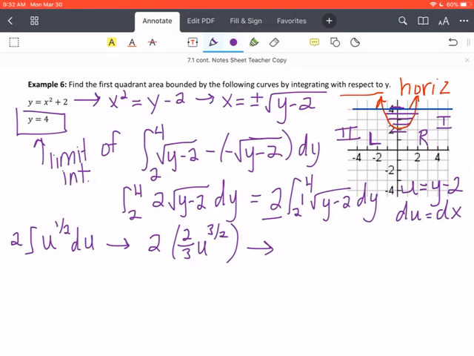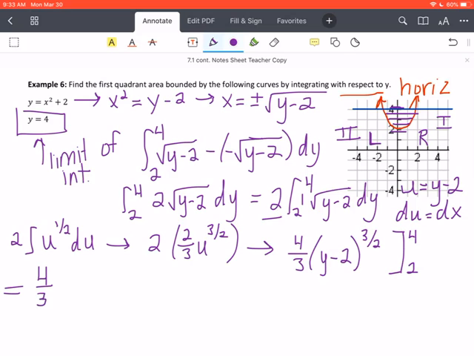So I'm really considering 4/3. Now I'm going to input my u, y minus 2 to the 3/2, and I'm integrating. Now I can put those limits back in from 2 to 4. Now when we plug in, I'm going to skip some intermediate steps along the way.